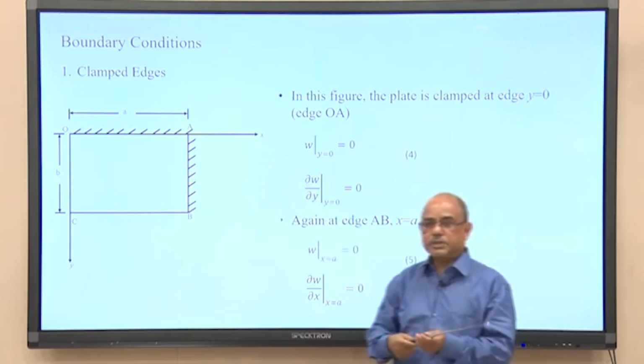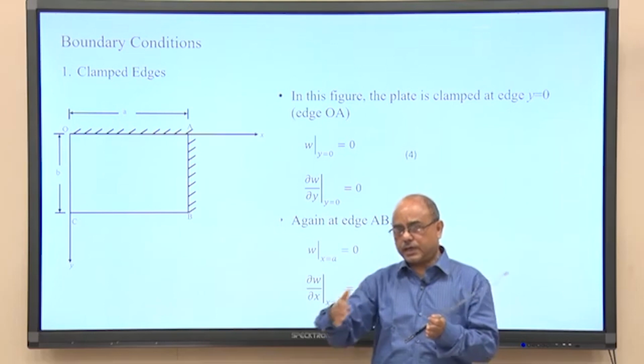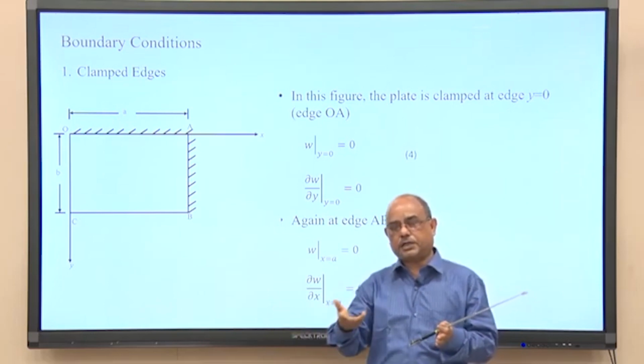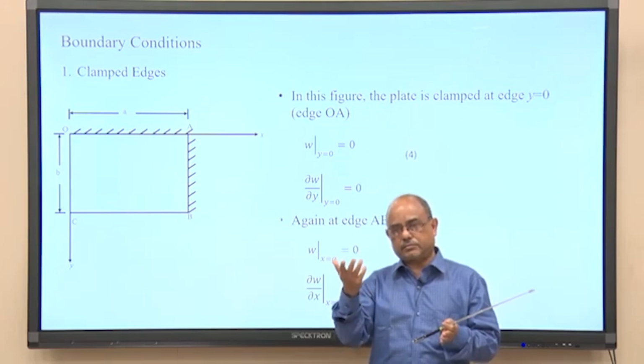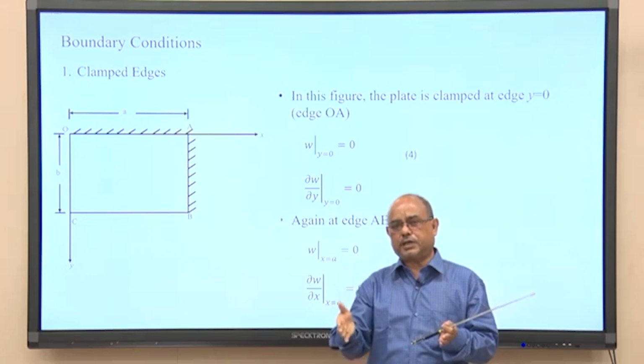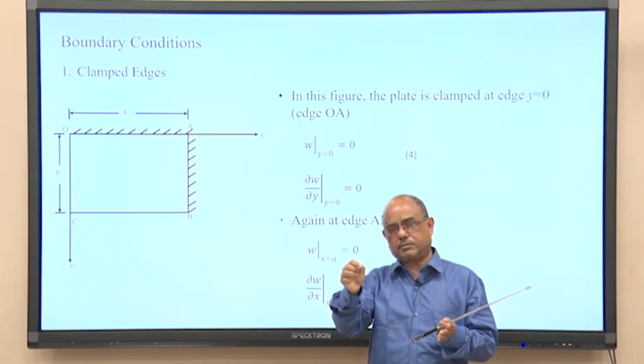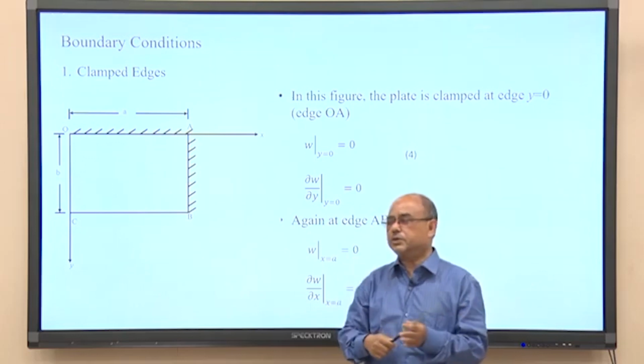For example, we have a steel plate which at one edge, continuously along the edge, is welded to another plate or another element of steel. For example, a base plate is welded, or a flange is welded to the web. So, this condition may occur.